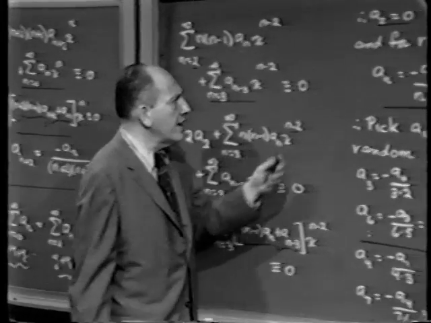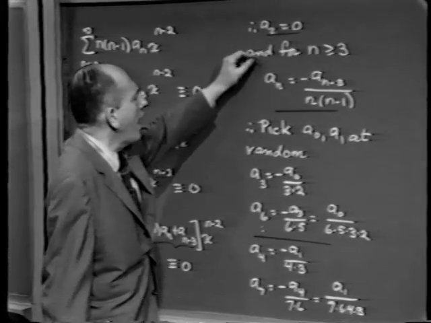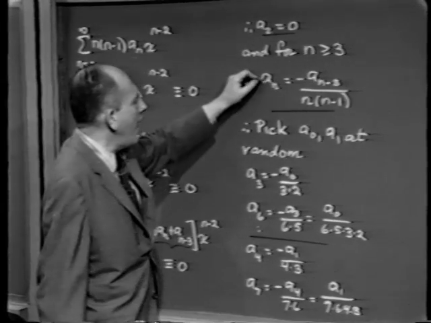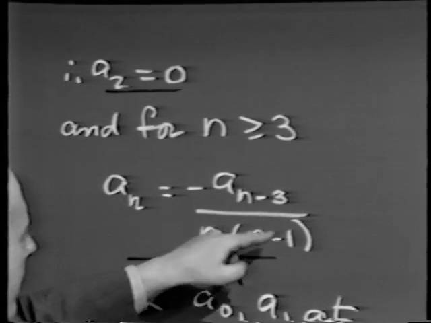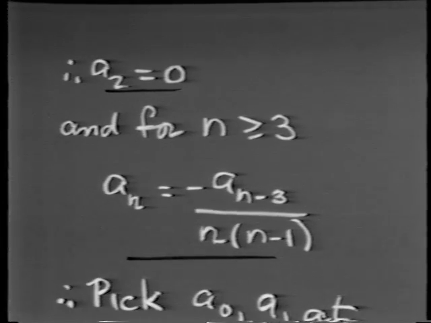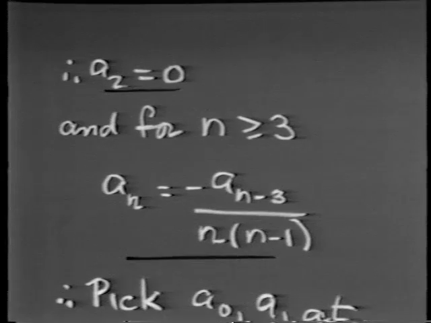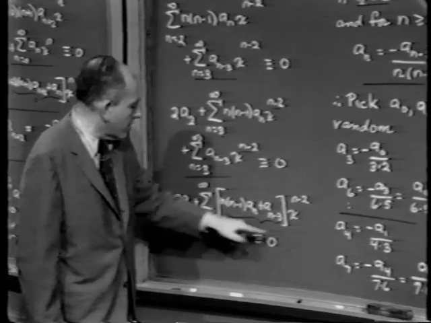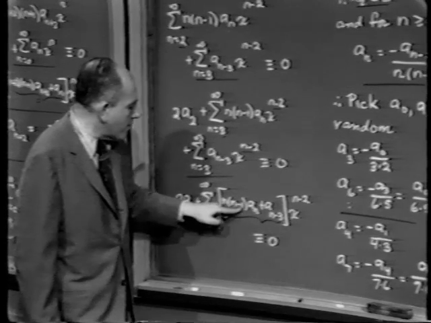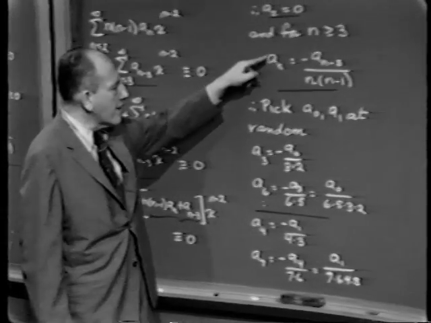In other words, then, in summary, a2 is 0, and for n at least as big as 3, a sub n is minus a sub n minus 3 over n times n minus 1. And keep in mind, the way I got that quite trivially was I set this equal to 0, transposed the a sub n minus 3, divided through by n times n minus 1, and solved for a sub n.